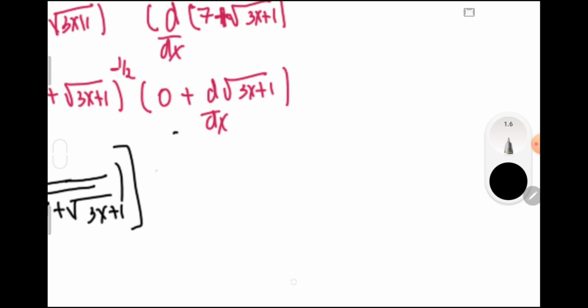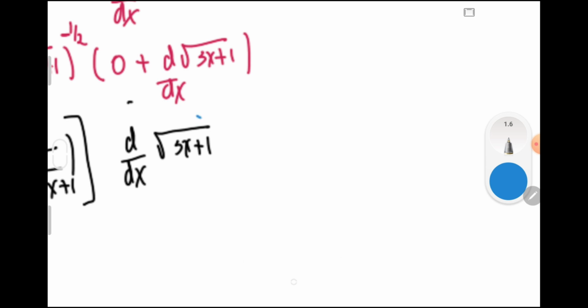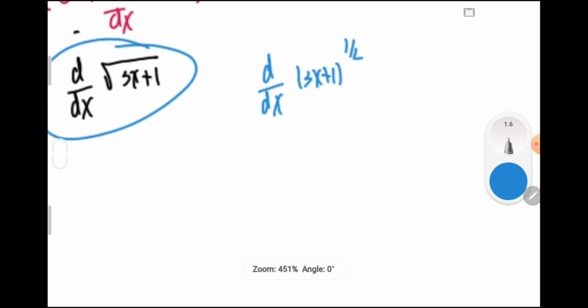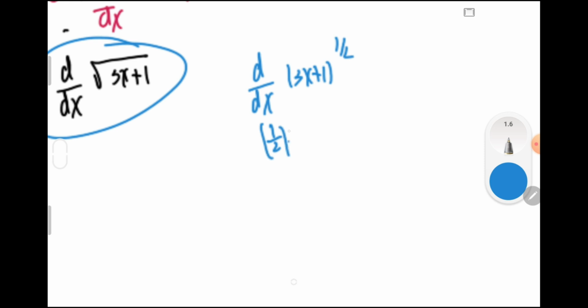So we'll have a value equal to the derivative of our square root of 3x plus 1, which can be calculated as follows. Let me differentiate this. We'll have the derivative of our 3x plus 1 raised to 1 half. So we take 1 half multiplied by 3x plus 1 raised to 1 half minus 1, multiplied by the derivative of our 3x plus 1 with respect to dx.